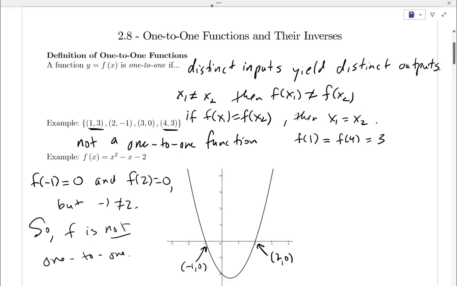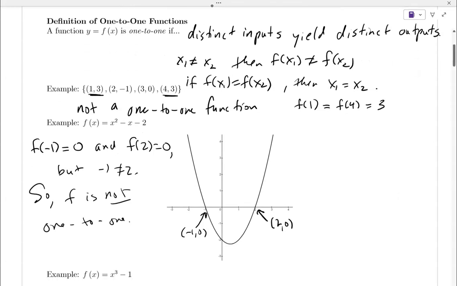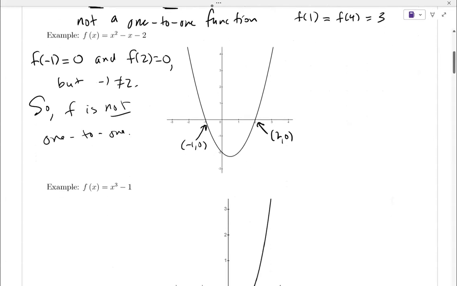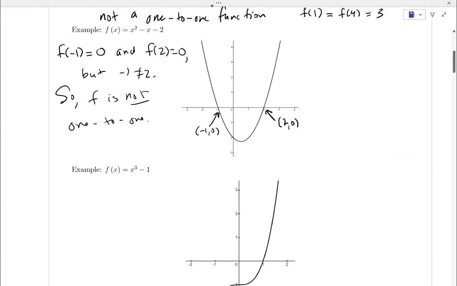It's a very good observation there. Yep, exactly right. So notice that this function crosses the x-axis twice, which means that there are two different numbers that you plugged into the function and gave you 0. Does that make sense? What about the next example at the bottom there, where we've got x cubed minus 1?